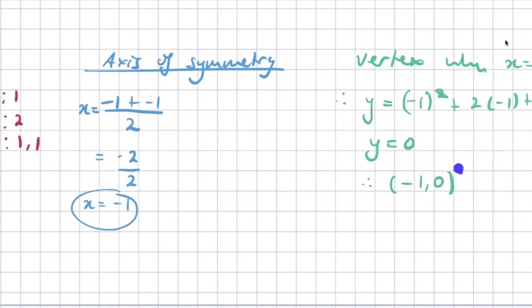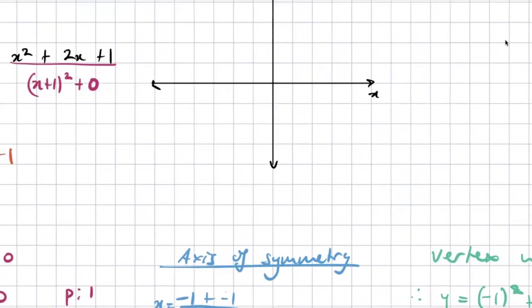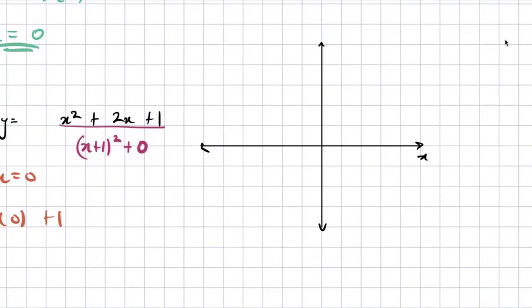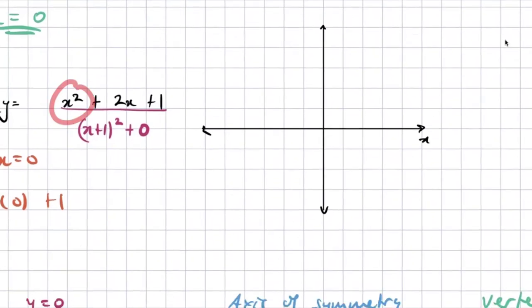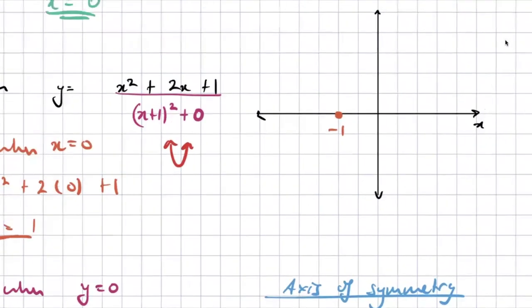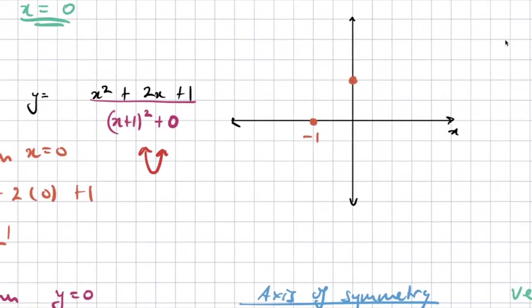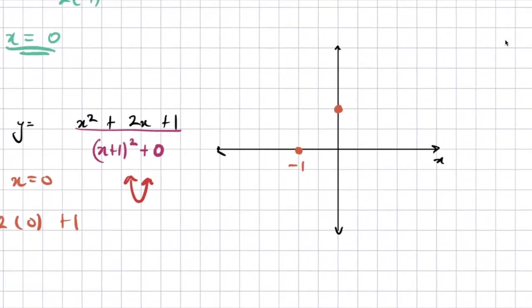So that is the coordinate of our vertex, and it only touches once. The final thing now to consider is the fact that it is a positive, therefore a happy parabola due to a positive leading term. Okay, drawing everything together, we end up now with our x-intercept being at -1, our y-intercept being at +1, and it is a happy parabola.